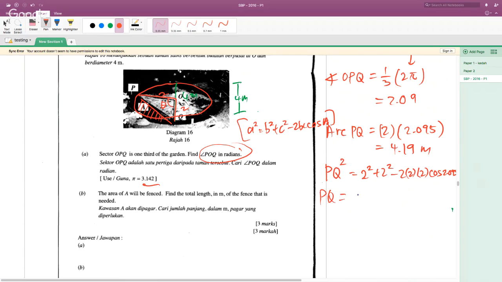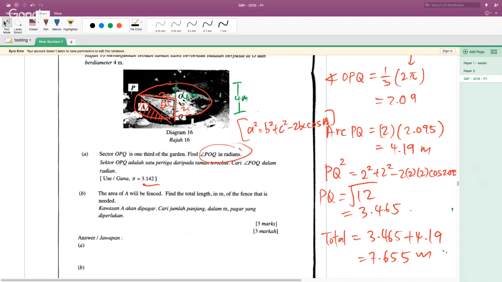And I will get 12. I take the square root, so I get the square root of 12, which is 3.465. The total length is 3.465 plus 4.19 plus 4.19. So my answer is 7.655. Is that correct?